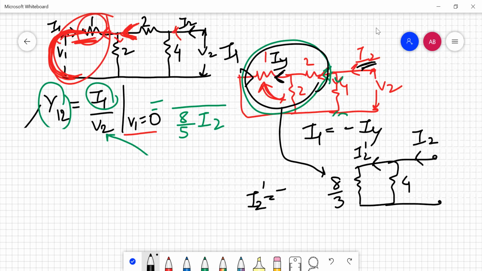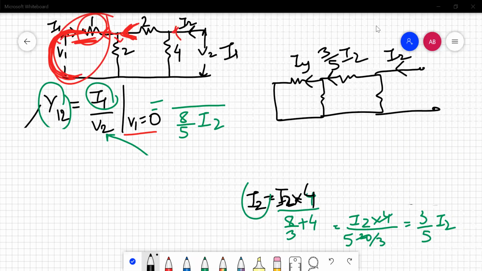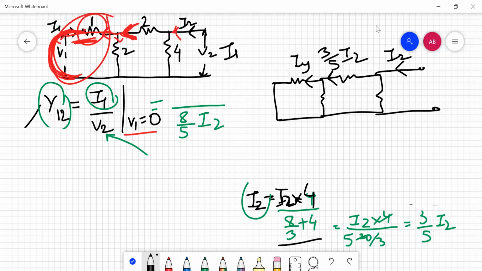So I2 dash will be equal to total current multiplied by the opposite branch resistance, that is 4, divided by the sum of the two resistances, that is 8 by 3 plus 4. This value of I2 dash will be the current here, from where we are going to calculate our IY. After solving this relation, I get the value as 3 by 5 I2.